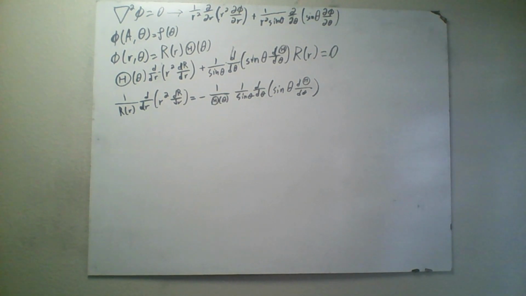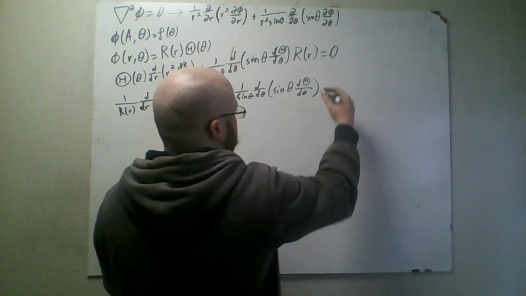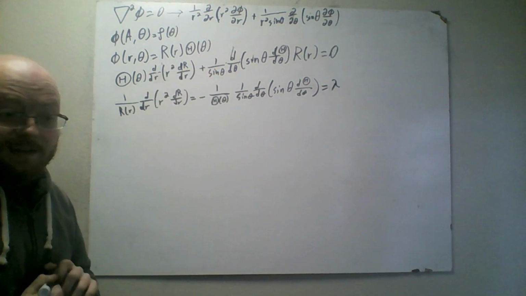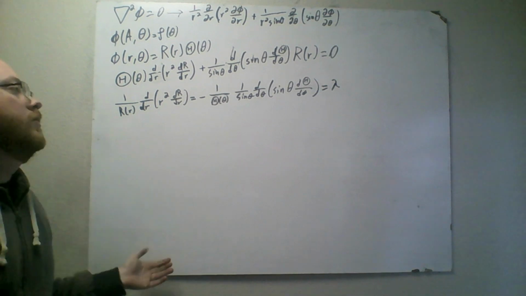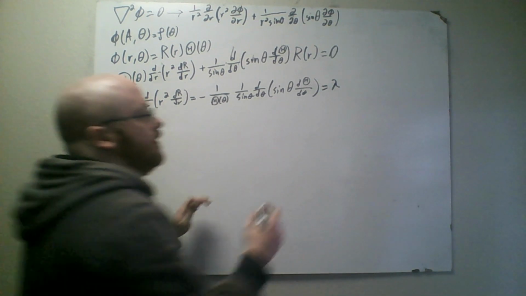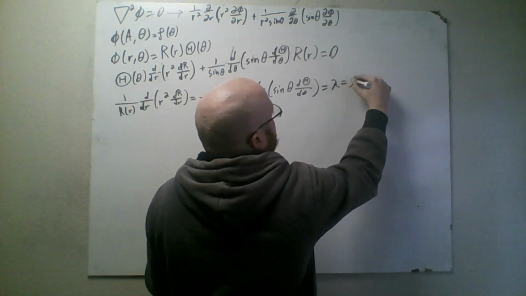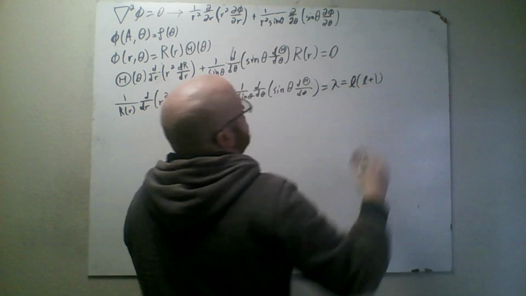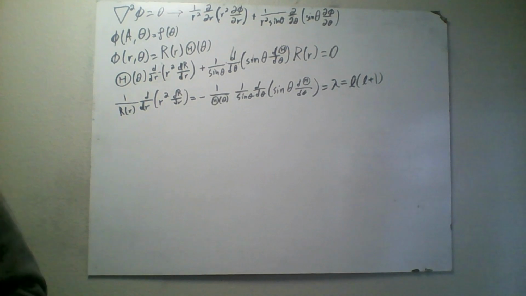You have to know ahead of time something that'll make it nice, which you can get if you solve the differential equation. You plug it in, and the constant's going to end up turning out to be L times L plus 1. This is a really nice constant, but I think just lambda will work.